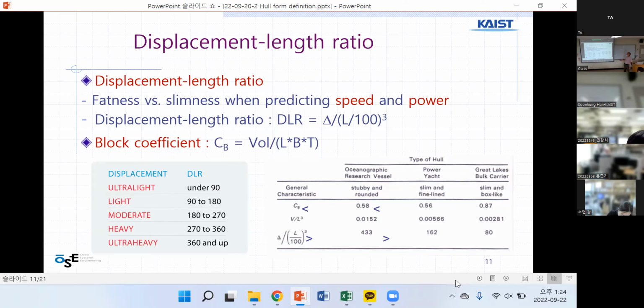Here are an oceanographic research vessel, a power yacht, and a great bulk carrier. The block coefficient is in range, along with the speed-length ratio and displacement-length ratio. So as a designer, you should decide what coefficient suits your ship.